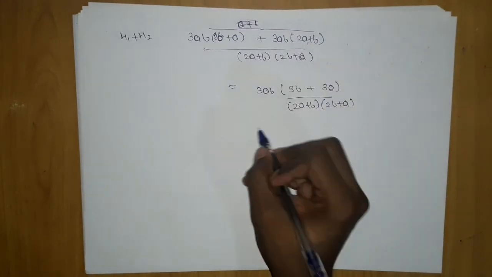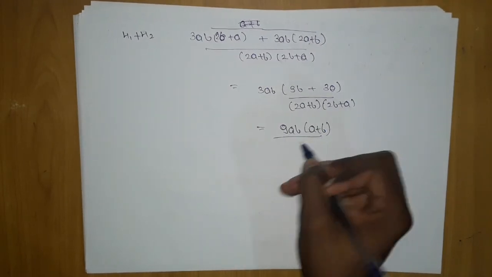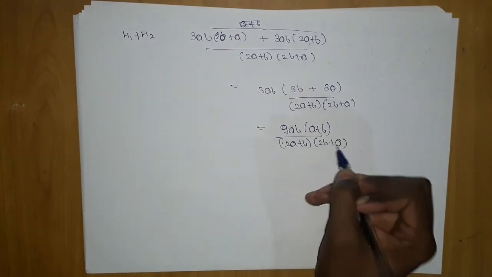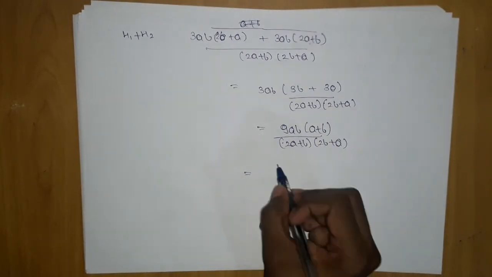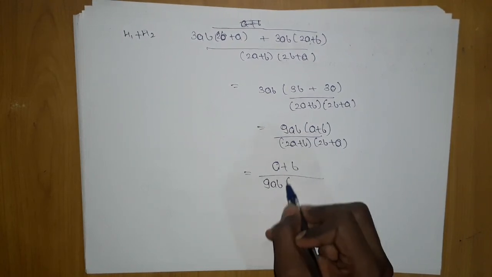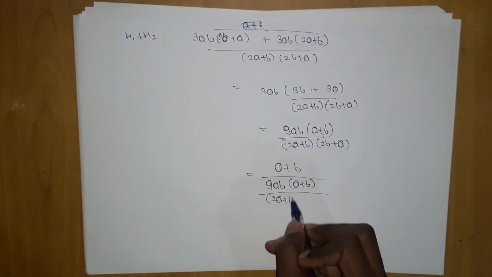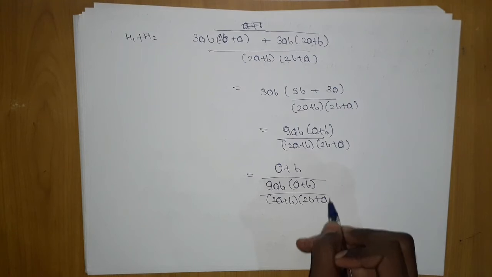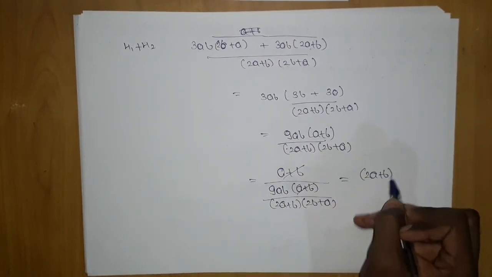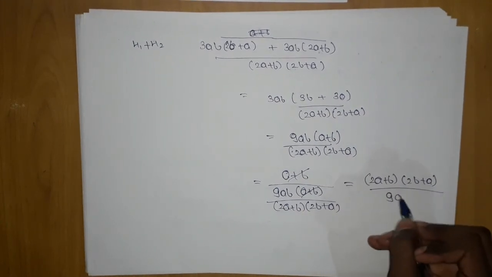Now if I take 3 also common, what I have is 9AB upon A plus B, upon 2A plus B into 2B plus A. Now if I substitute this value, I have A plus B upon 9AB into A plus B upon 2A plus B into 2B plus A. This will cancel out with this, which will finally give me 2A plus B into 2B plus A upon 9AB.